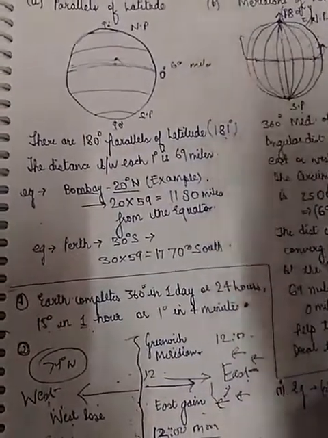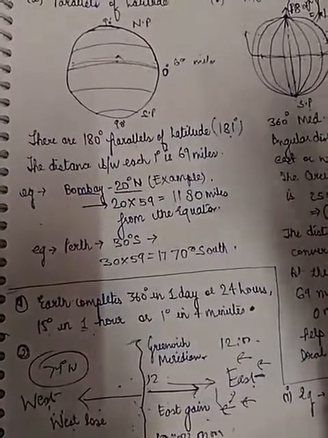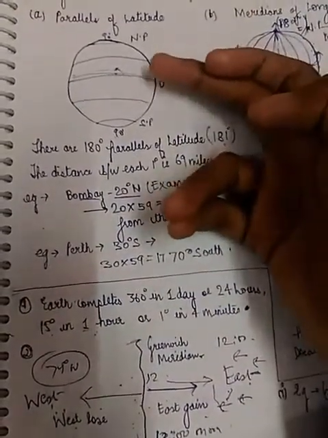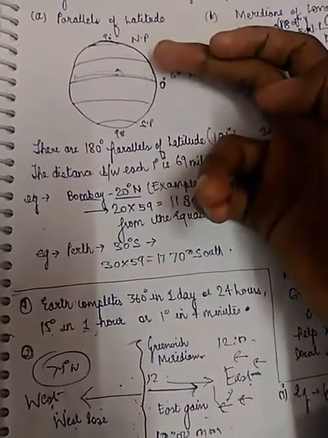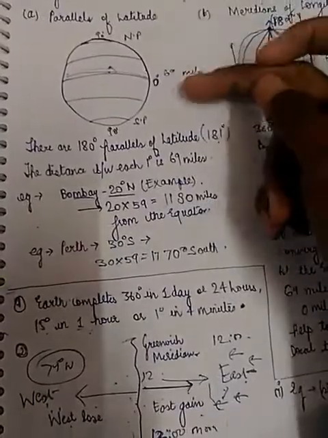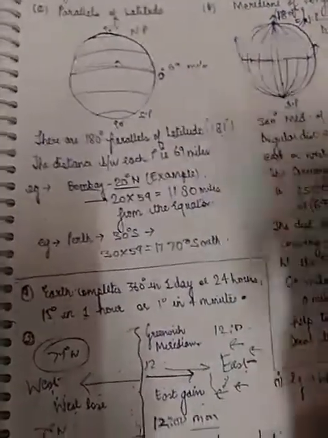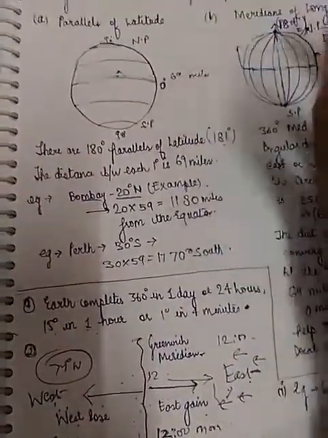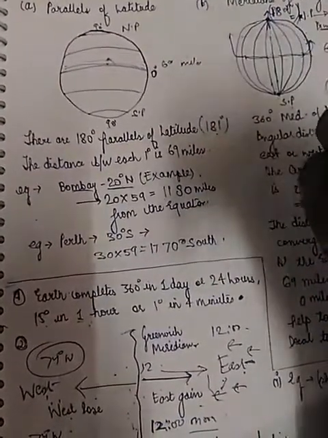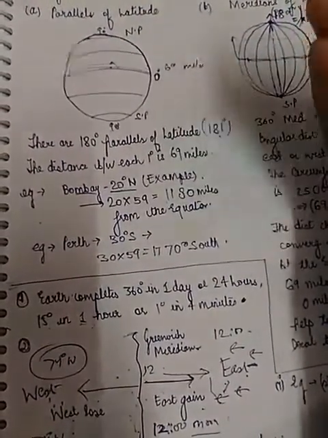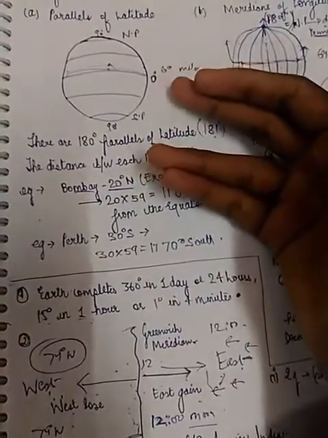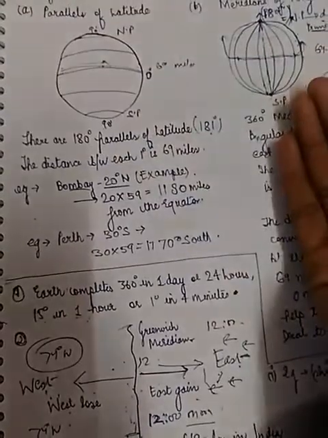We must understand that there is a certain measurement of the circumference of the earth, according to which the distance between each degree of latitude, when calculated, came approximately equal to 69 miles. So suppose Mumbai is a place located in India at 20 degrees north. To find the distance of that place from the equator, we'll do it very simply.